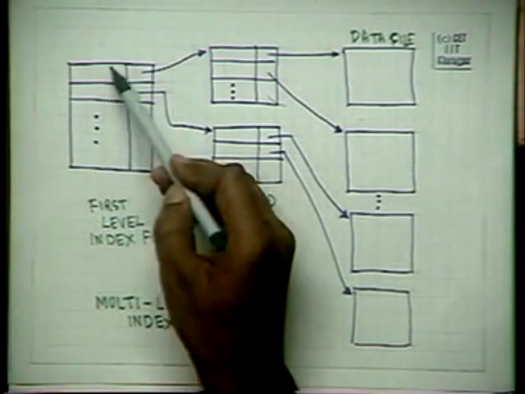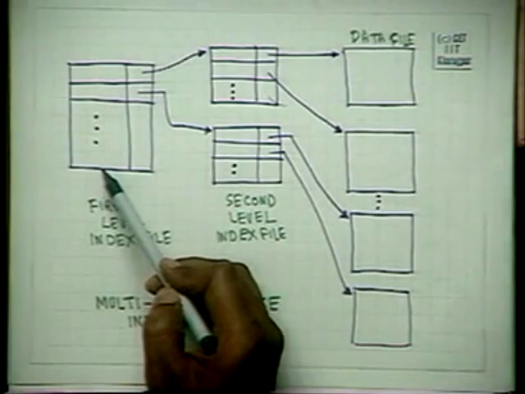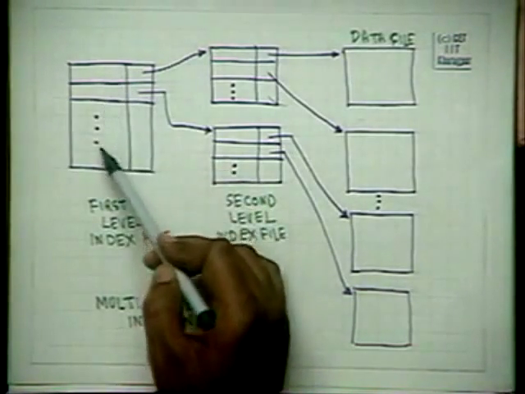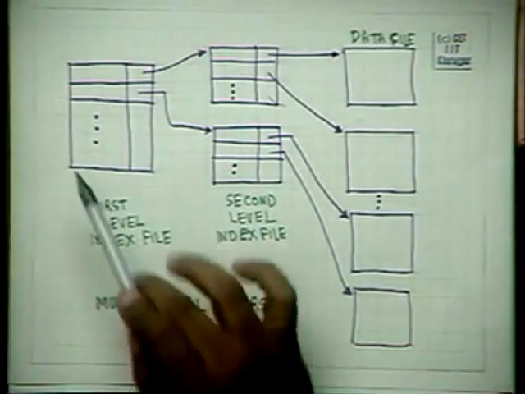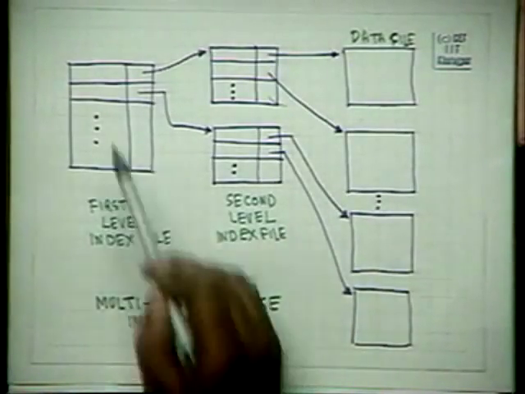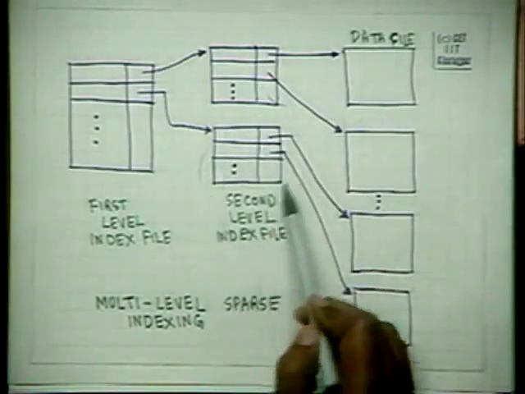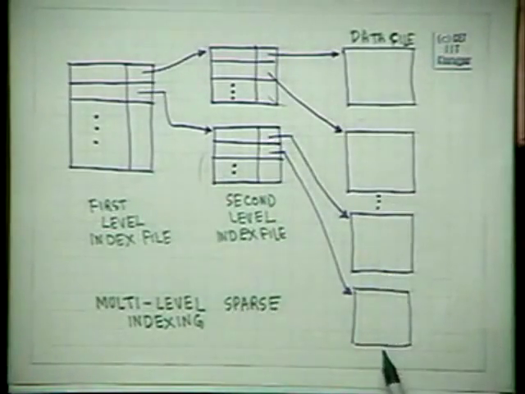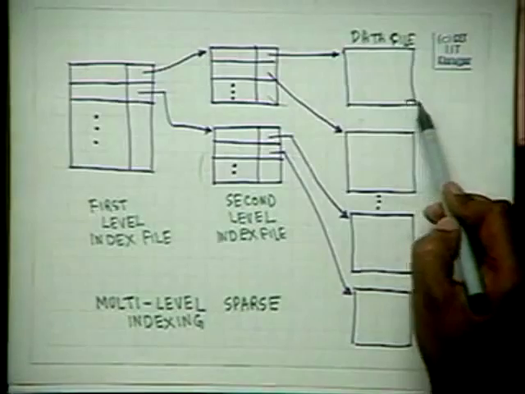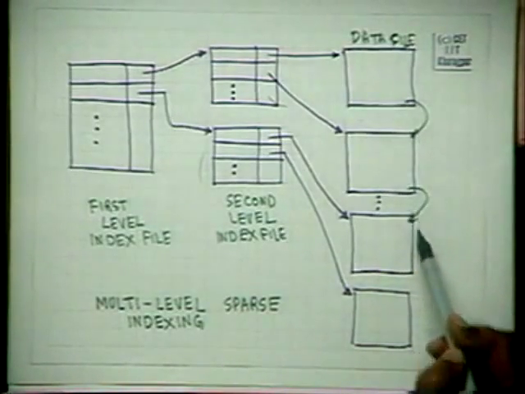The algorithms are not difficult, but 2 or 3 things have to be kept in mind when you design these algorithms. Firstly, whereas this looks like a file here, these are actually a set of blocks. And when you have a multi-level indexing scheme, you would prefer that this is just one block. This is one block. This is one block. So all of them now are just blocks. This points here in the sequential file.